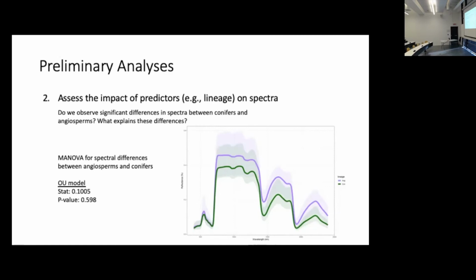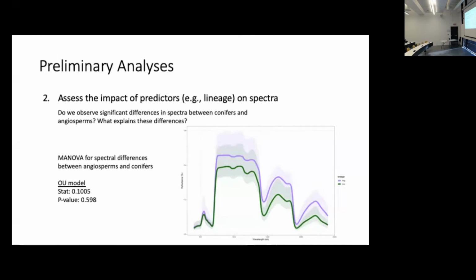So once that's accounted for, there's no more remaining signal of angiosperm versus conifer. It seems a little bit counterintuitive, but what it actually means is it's doing what we think it's doing. It is taking that variation due to phylogeny and then fitting a model that does not include that phylogeny, if that makes sense. I don't think I explained that very well.